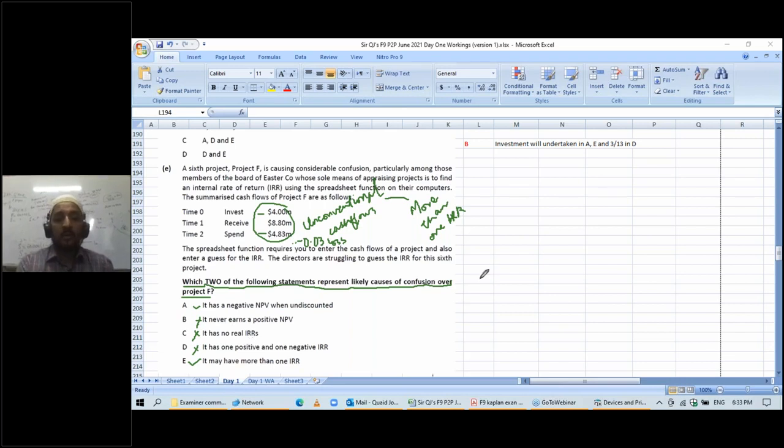So the correct answer over here is, this was a difficult one, A and E is correct. These two are creating confusion as to deciding whether to invest in the project, at what rate, and whether to invest in it or not. So A and E is the correct answer over here.